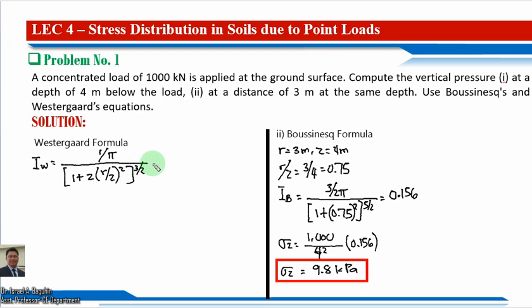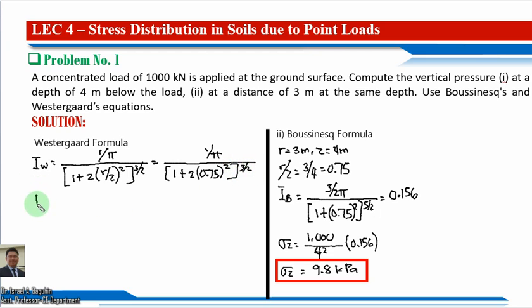So substituting here, we have this 1 over pi, and then 1 plus 2 times this ratio of 0.75, then squared and raised now to the power of 3 halves.